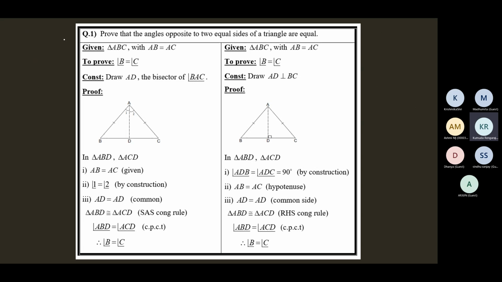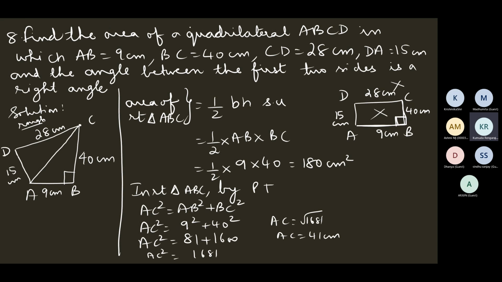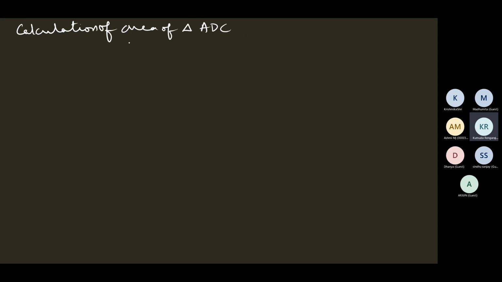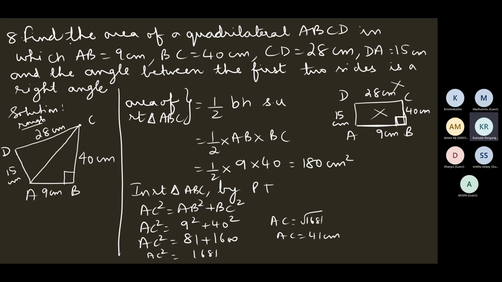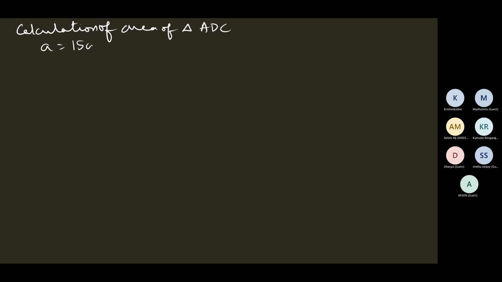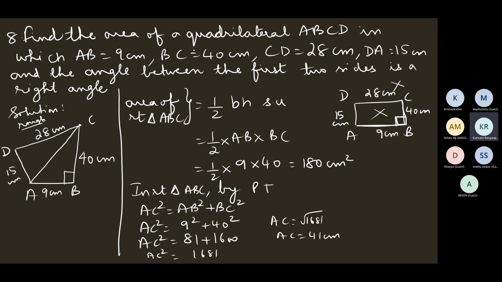Now we'll write the calculation of the area of triangle ADC. What's the value of a? 15. b? 28. c? 41.